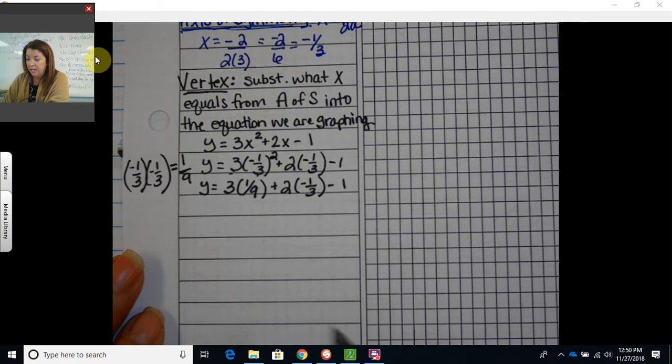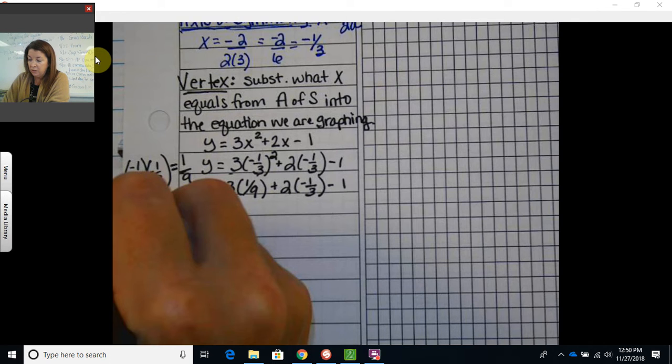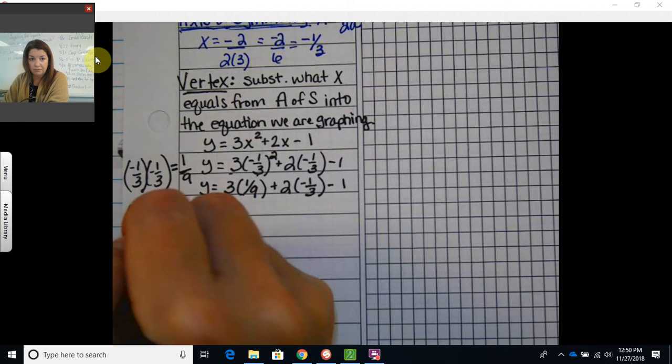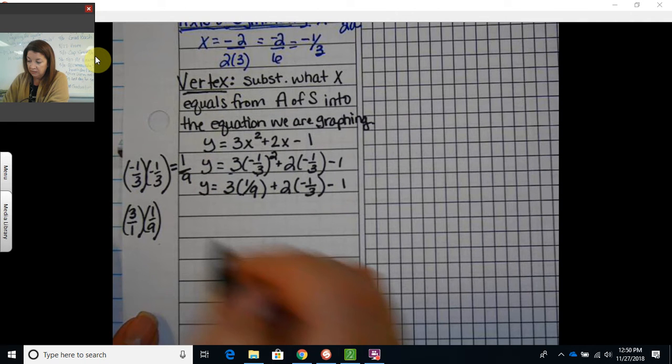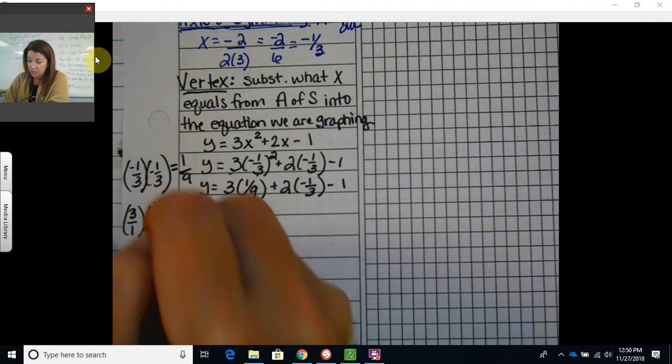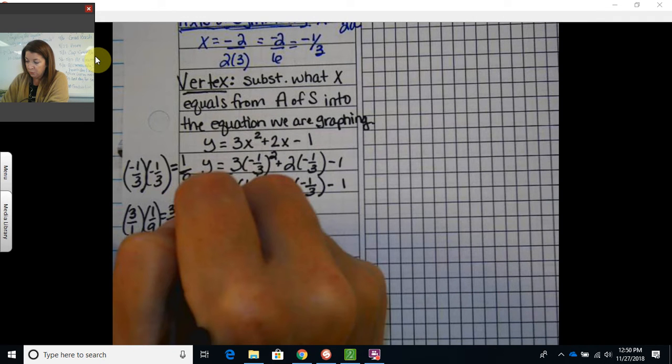That's not right. Remember, 3 is equivalent to 3 over 1 times 1 over 9. So that gives me 3/9, which reduces to 1/3. So 3 times 1/9 is 1/3.